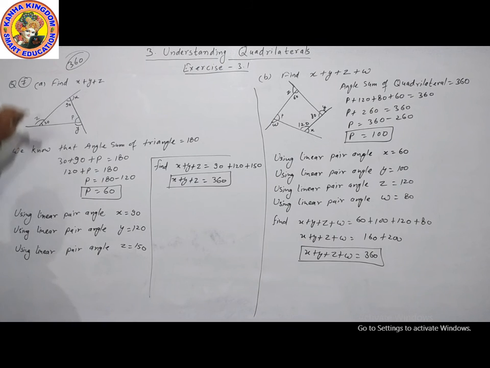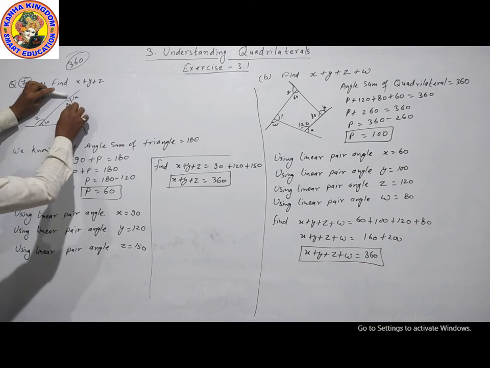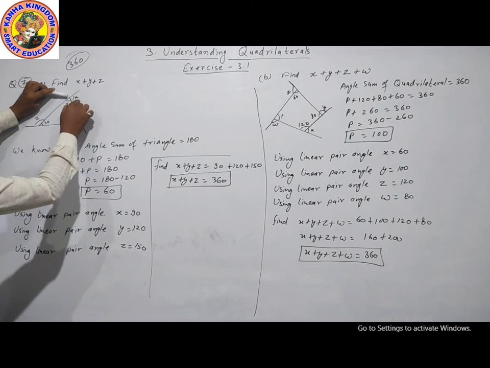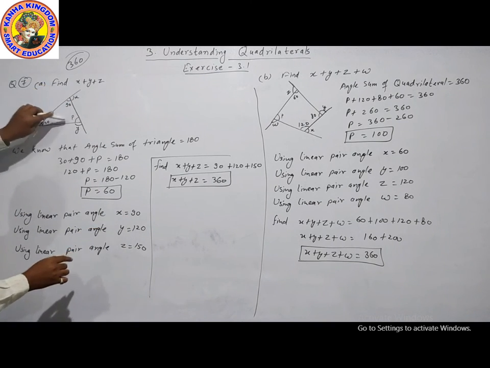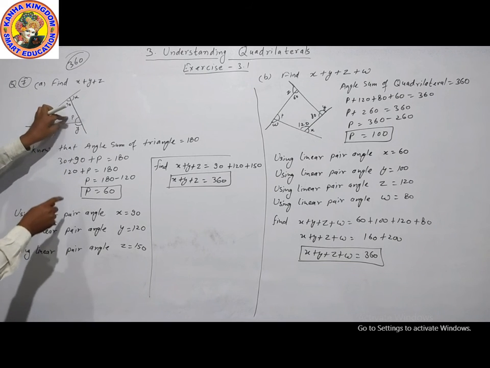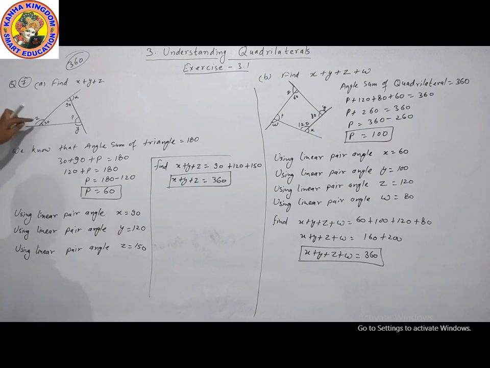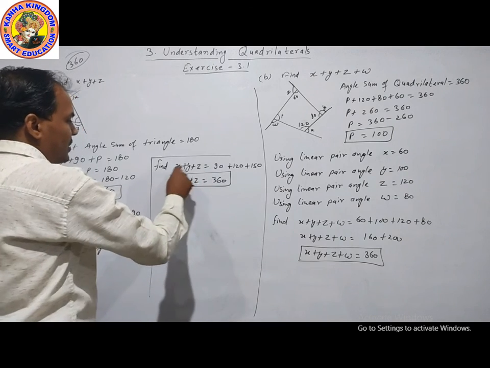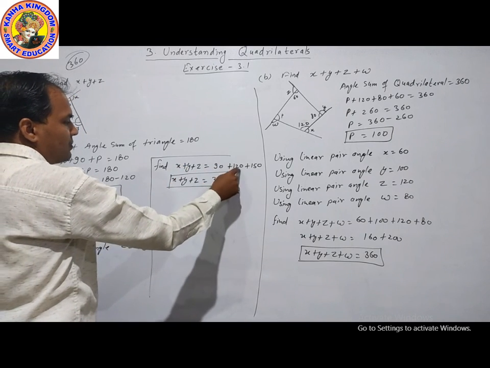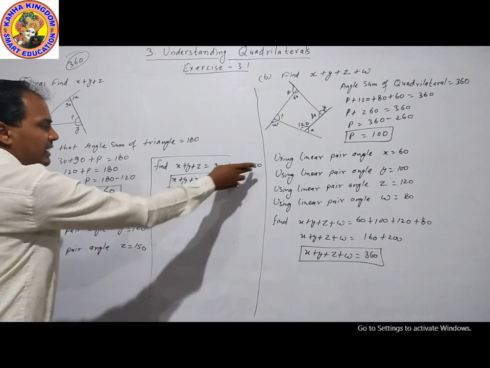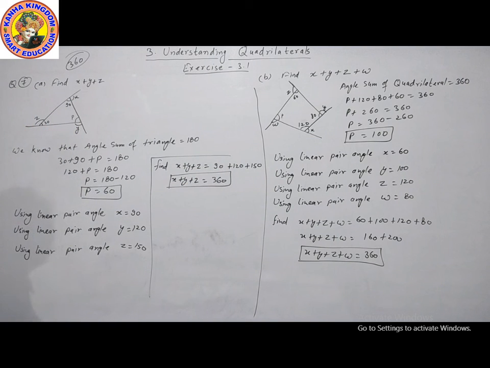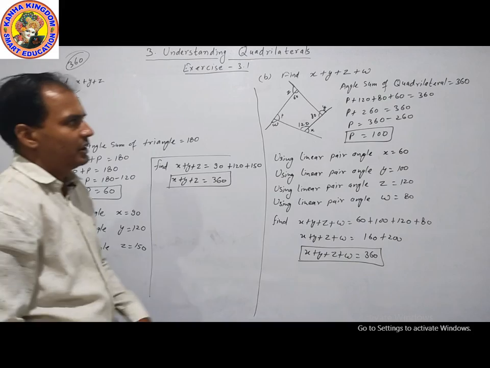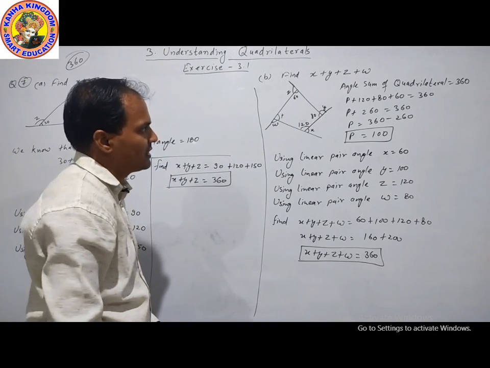Now using linear pair angle, find the value of X. In a linear pair angle, the sum is 180. So 180 minus 90 is 90. The value of X is 90. Here is 60, 180 minus 60 is 120. Here 30, 180 minus 30 is 150. The question is find X plus Y plus Z. The value of X is 90, Y is 120, Z is 150. Adding these, we get 360.